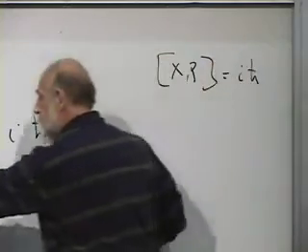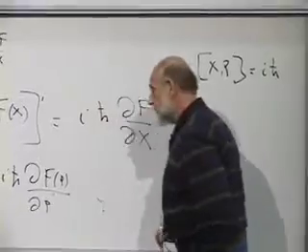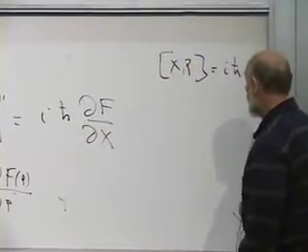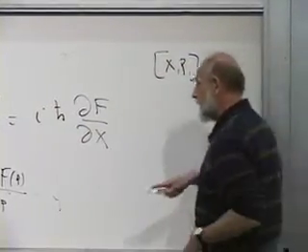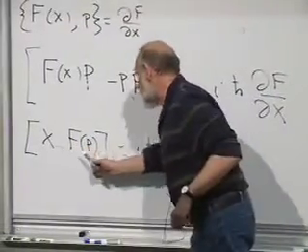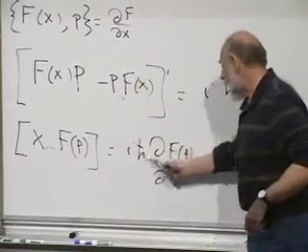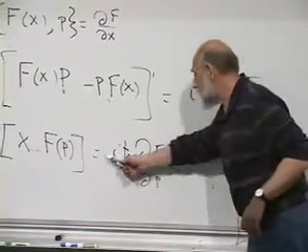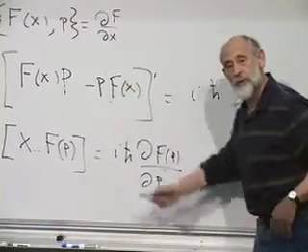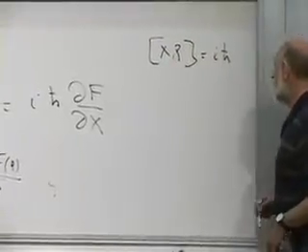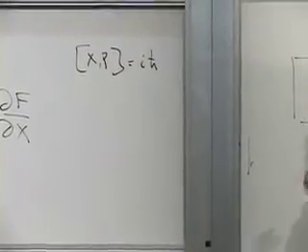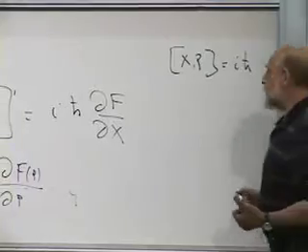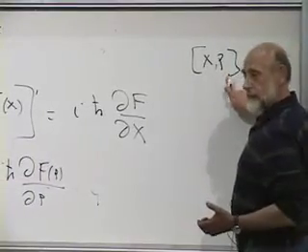Let's suppose that f of p is just p. Then this would also say exactly the same thing. It would say commutator of x with p is I h bar times 1. So I have the sign right. If I had put another sign here, I would have an inconsistency between these two formulas. Commutator of x with p is I h bar. What's the Poisson bracket of x with p?